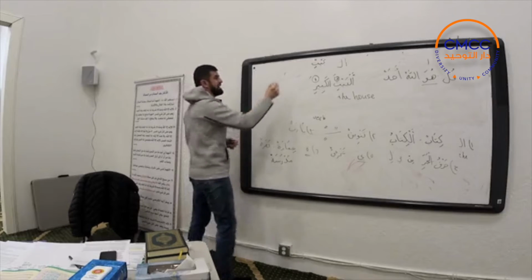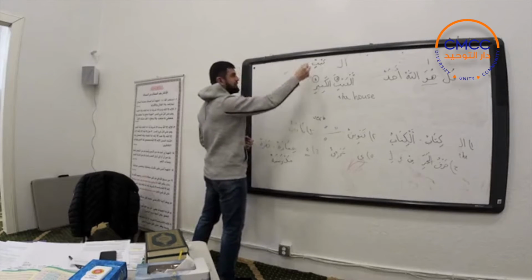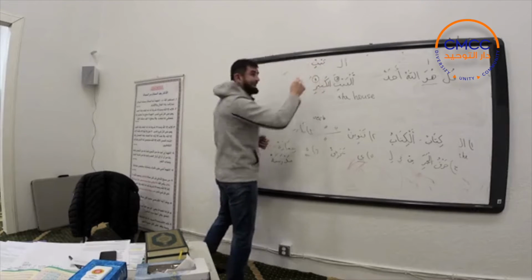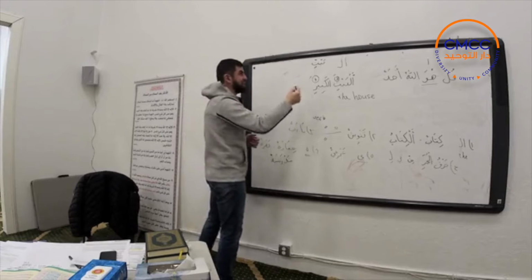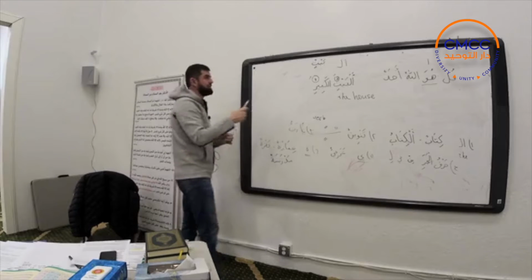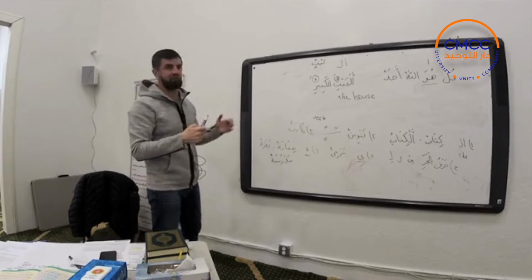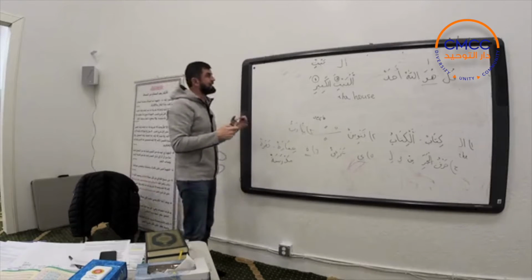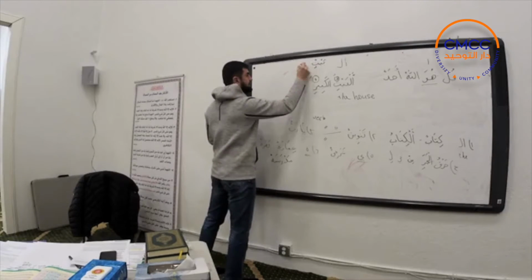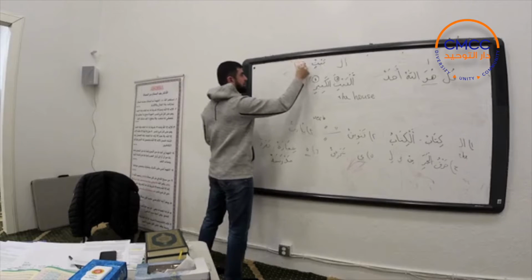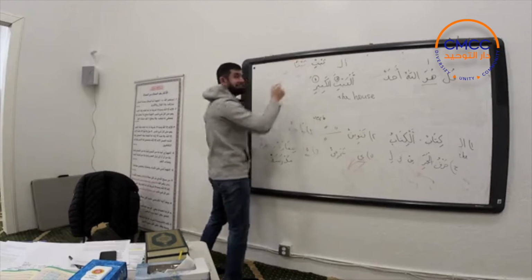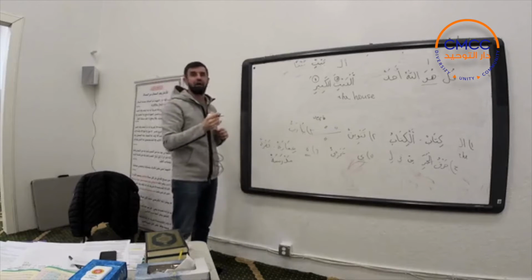But if it's indefinite, for example, we said baytun, baytin, but if it doesn't have al in front of it, and this ism is indefinite without al, when it comes with fatha, it's going to be what? How do you spell it? Baytan. Okay?